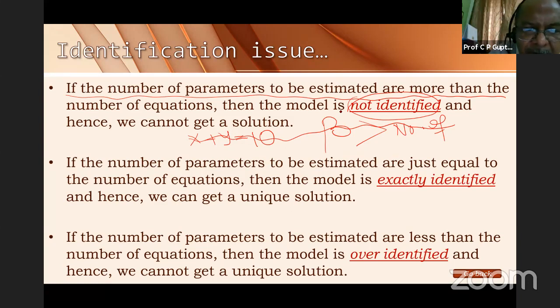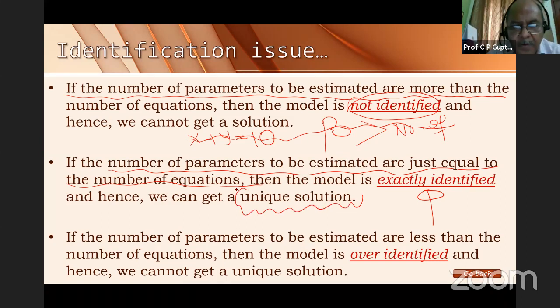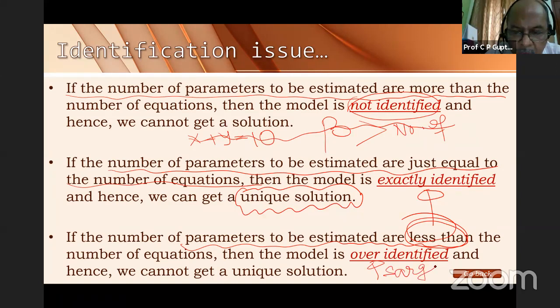If the number of parameters to be estimated is exactly equal to the number of equations, then we have an exactly identified system, and in that case you will get one unique solution. If the number of parameters to be estimated is less than the number of equations, then we have over identification, and the Sargan test is a test for over identification.